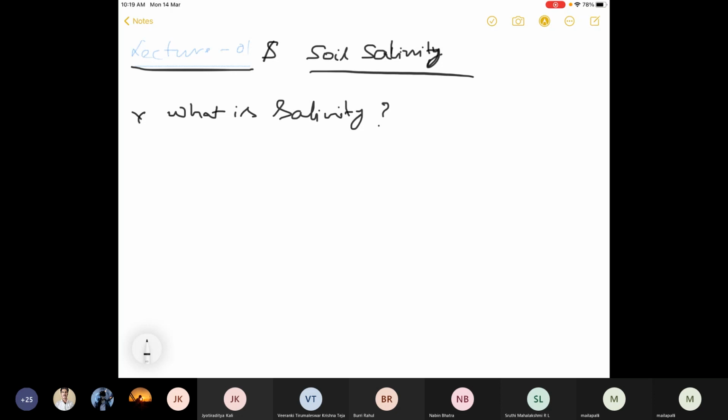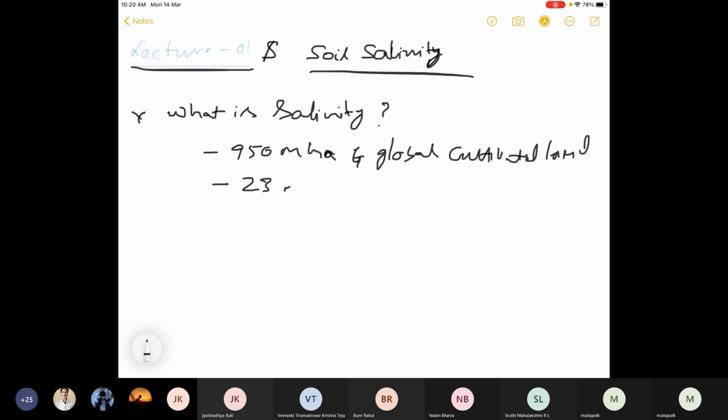If you see this globally, there are 950 million hectares of global cultivated land being affected by soil salinity. Around 950 million hectares globally, it's huge, right? And in India, there are 23 million hectares.